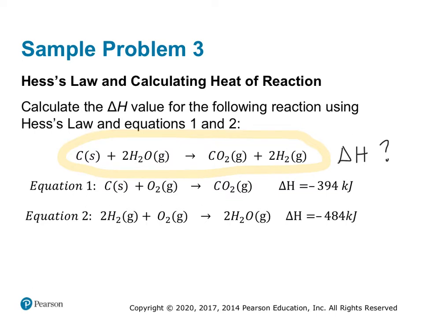I can't measure it directly for whatever reason, but I do have information about some other reactions that contain some of the reactants and products. So they may be similar, but they're not exactly the same. So I have equation 1 with its enthalpy change and equation 2 with its enthalpy change. So I'm going to combine equation 1 and 2 together in some way so that I can get my target equation.